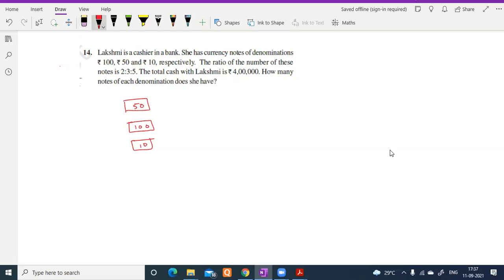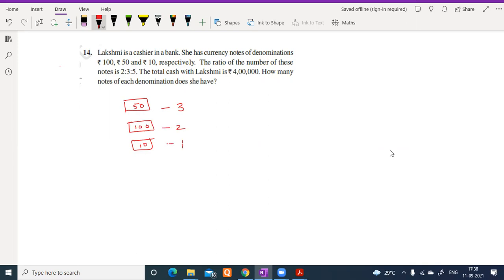When you go shopping to buy something, you will not have only a 50 rupee note, nor only a 100 rupee note, nor only a 10 rupee note. You will have some, let's assume 3 50 rupee notes in your pocket, 2 100 rupee notes and 1 10 rupee note.